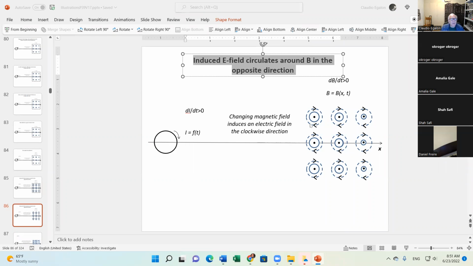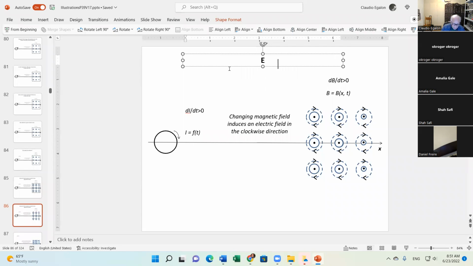This electric field at the bottom of this magnetic field points in the direction opposite to this other electric field. You see that? Similarly, we have it here, and for the other ones as well.